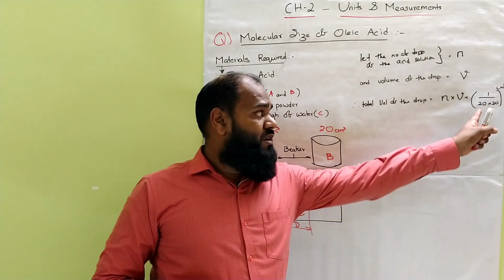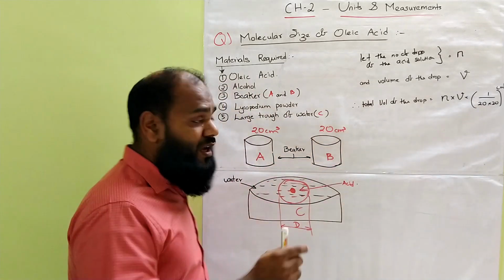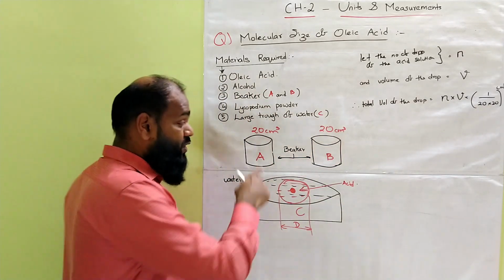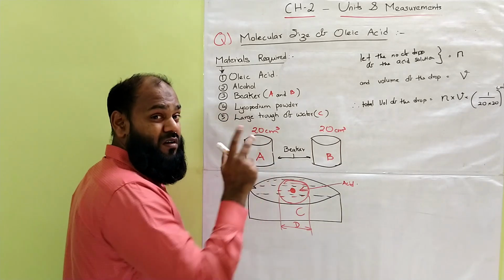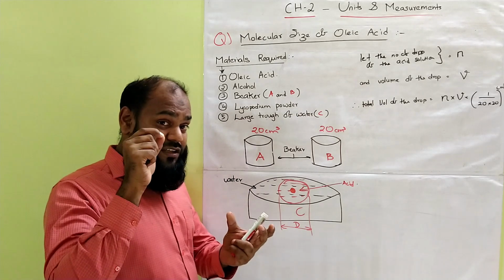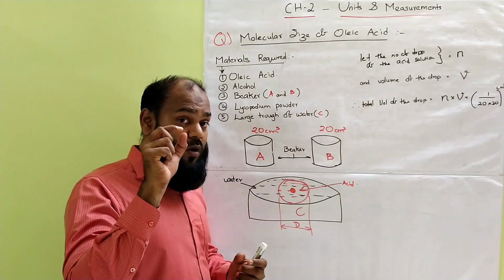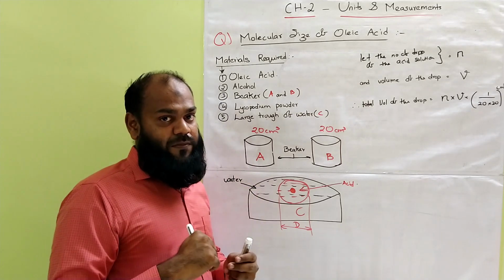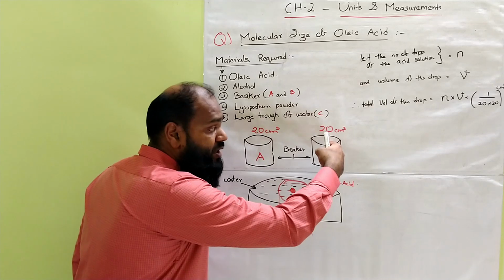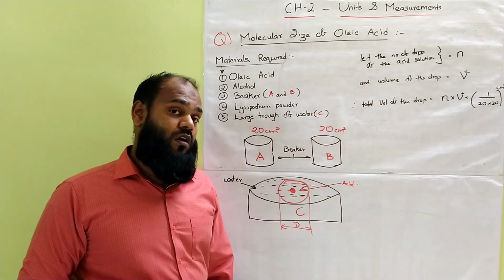Now you might ask the question, what is this 1 by 20 into 1 by 20? We know that initially we dropped one drop of oleic acid into 20 centimeter cube of alcohol. Therefore, I am diluting one acid drop with alcohol of 20 centimeter cube, so the concentration of the drop has been reduced by 20. Again, I am taking one drop from this beaker and diluting it in another beaker which contains 20 centimeter cube of alcohol.